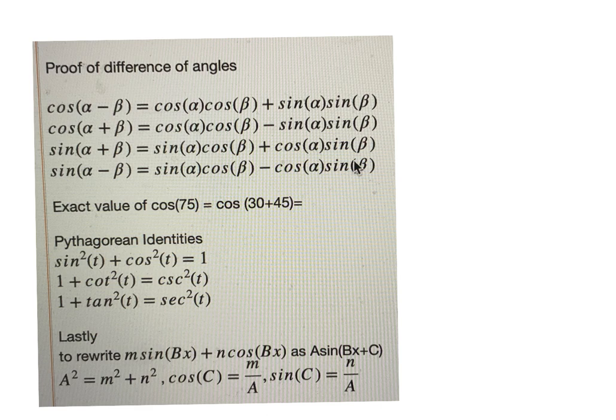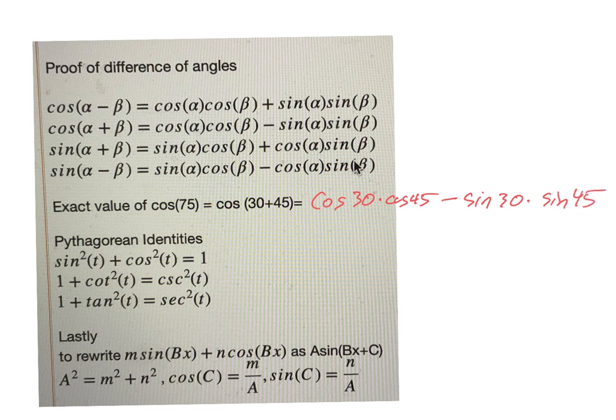So if I did that, I would get cosine of 30 times cosine of 45 minus, and again, I'm using this formula right here for adding, minus sine of 30 times sine of 45.